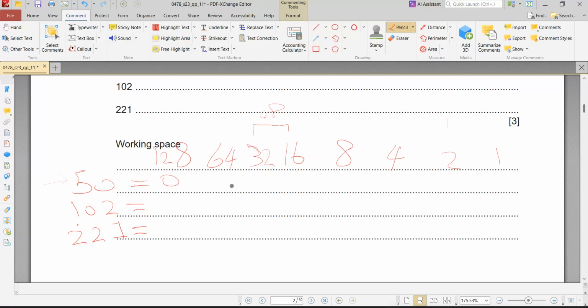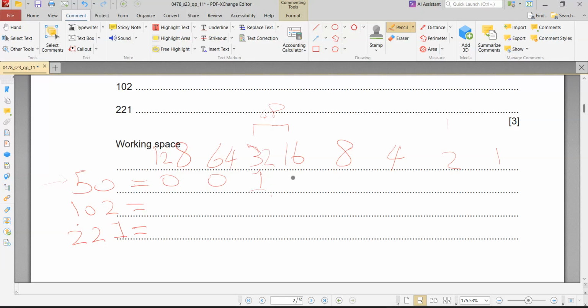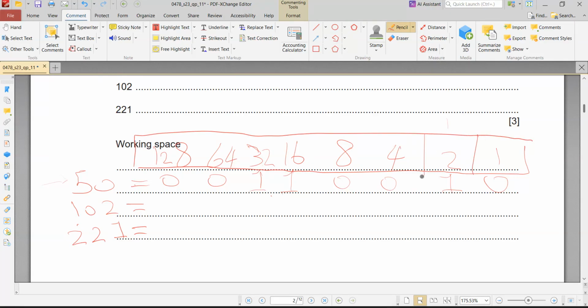So 0 in here, 0 in here, 1 in here because we use the 32, and 1 in here because we use the 16, and 0, 0, 1 from those, and 0 from those. This is how we can find the digits. I'm going to put this in a box to make it clear. This is the 8-bit register.